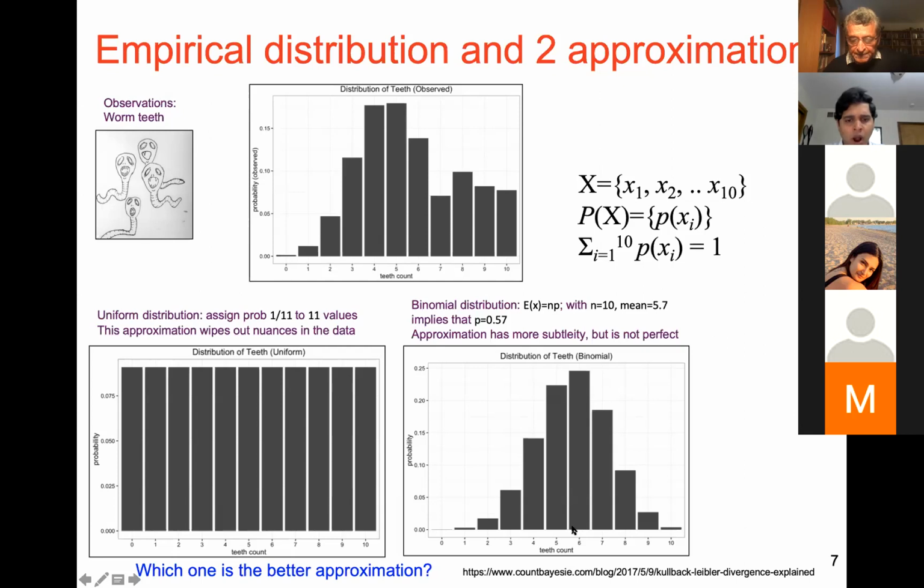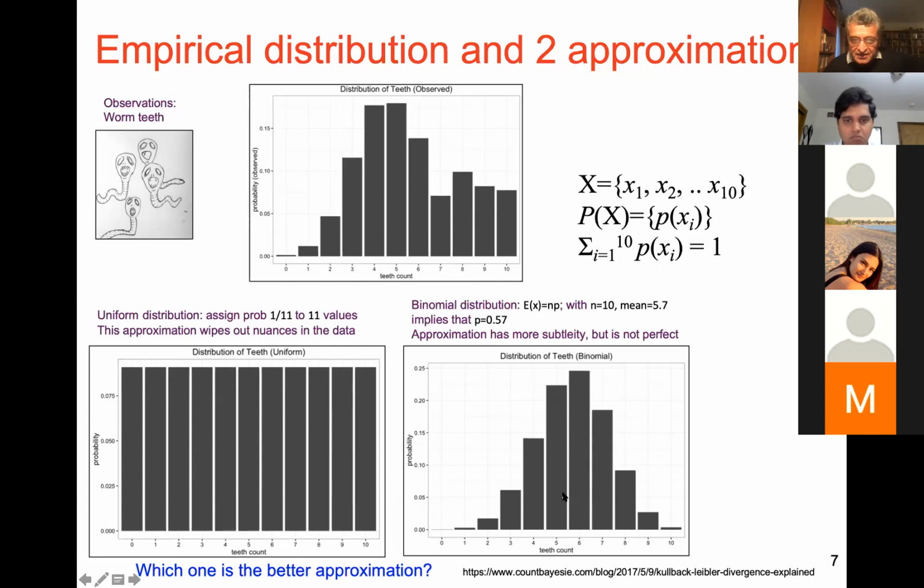This binomial, as this number becomes infinity, is going to be Gaussian in shape. Okay, a bell-shaped curve, right? But we only have 10 values, so it doesn't look quite Gaussian. And a binomial distribution has to be specified by 2 parameters called n and p.